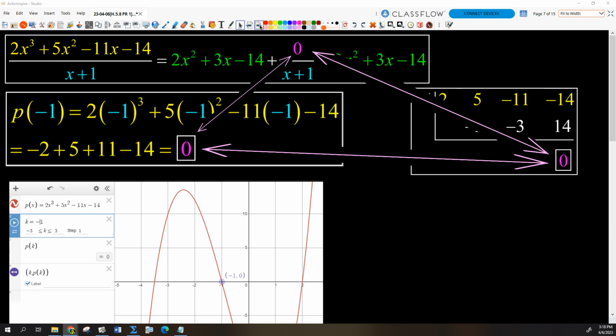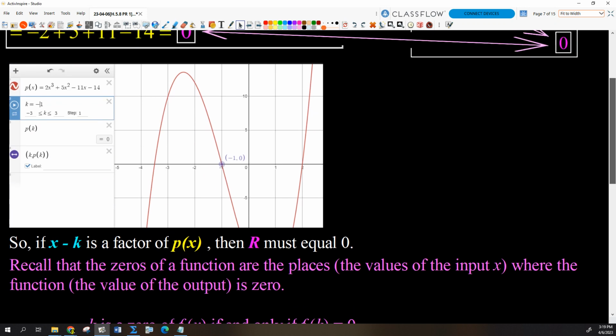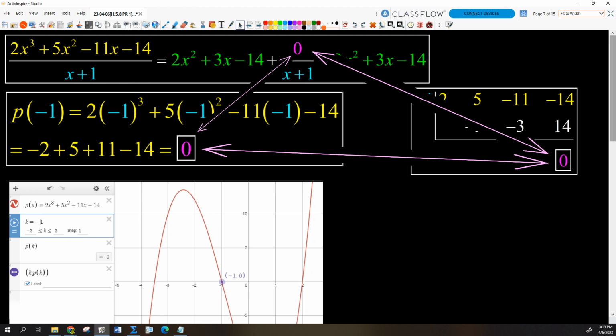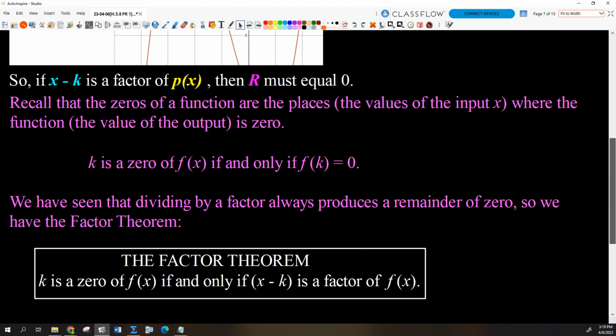And it also means that if I do synthetic division with -1 out front there, -1 goes with the x plus 1 in the denominator, I'm going to get a 0 in the remainder box. All those things go together, don't they? Okay. And of course, that means that if I look at the function, when I plug -1 in, I get 0 as an output, and so it's an x-intercept, right? Real zeros always correspond to x-intercepts, so there's another connection there. When we know that -1 is a 0, we also know it's an x-intercept on the graph. Okay, all this stuff gets connected.